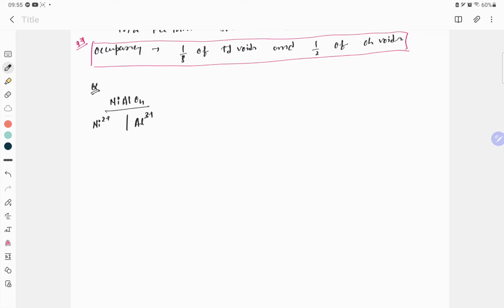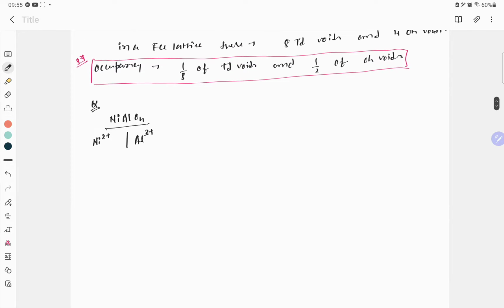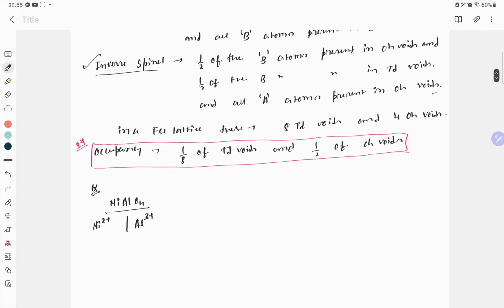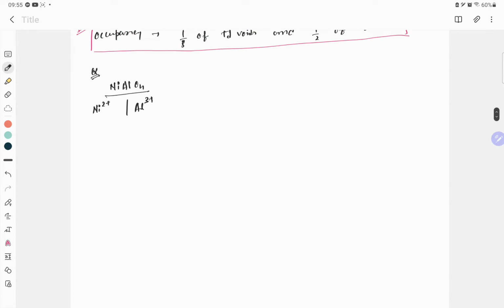Here we'll learn how to identify a normal spinel or an inverse spinel. So here Ni is present as Ni2+ and Al is present as Al3+.